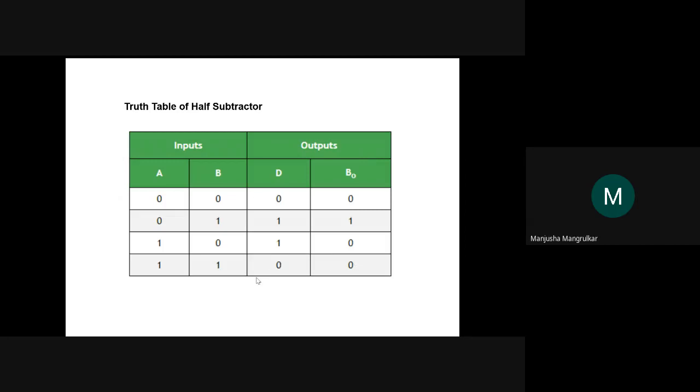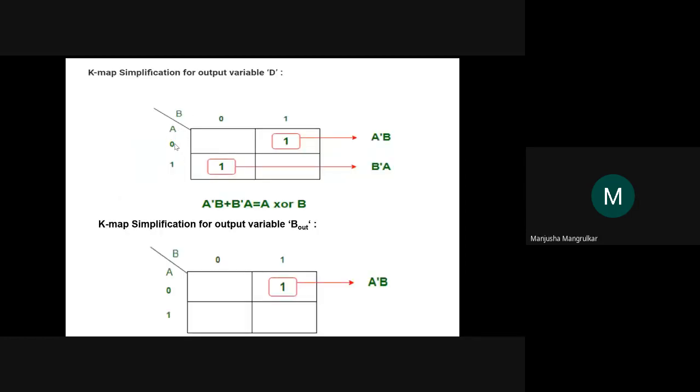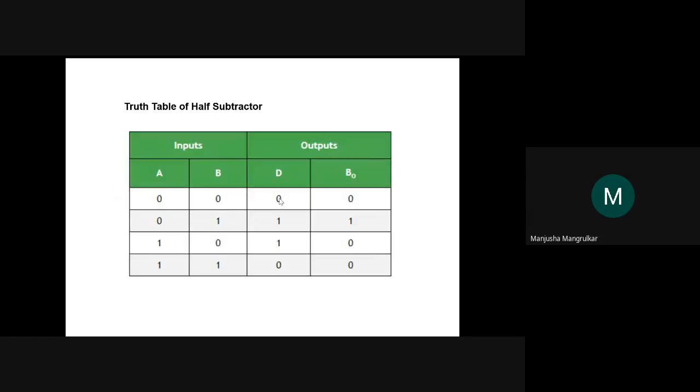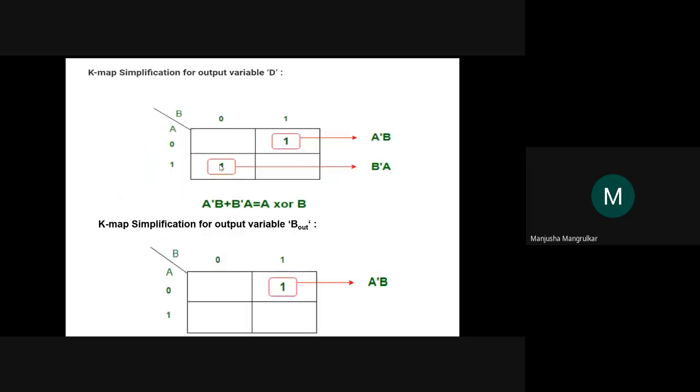Now if you put this into the K map, this is your two variable K map 0 1 0 1. The output is 0 1 1 0. So this is 0 1 1 0.